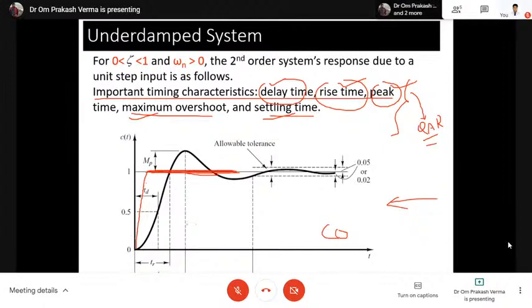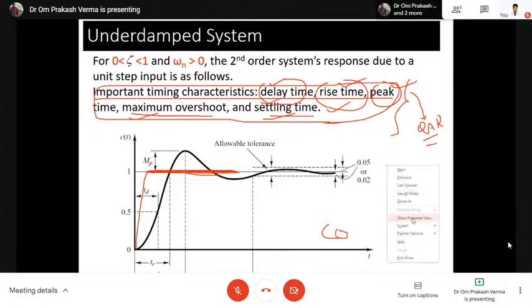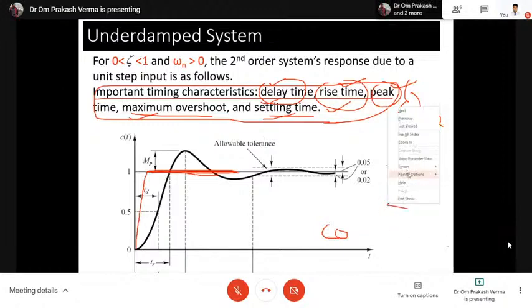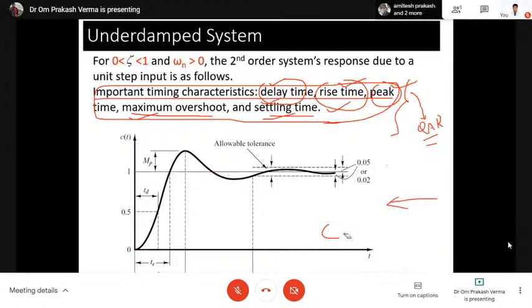Therefore we define these performance parameters, and we try to optimize or minimize them using some control techniques. Okay, so this is the scenario.